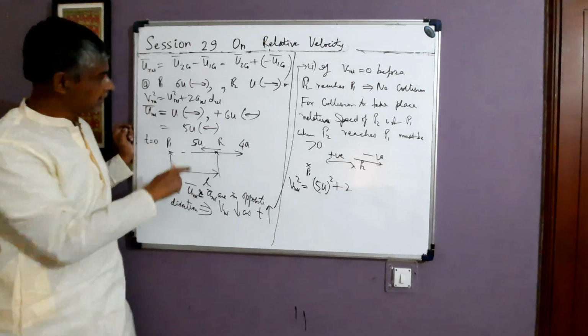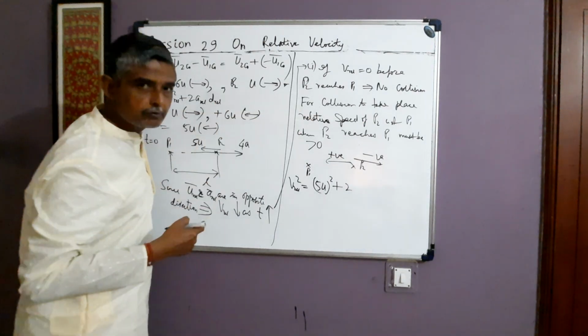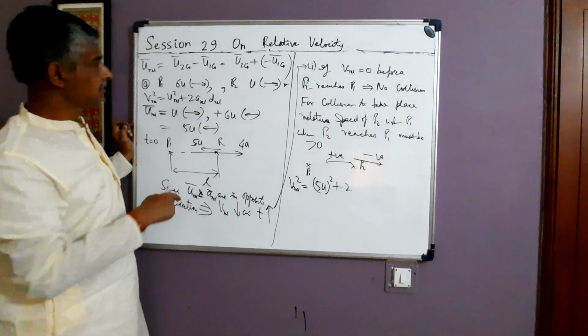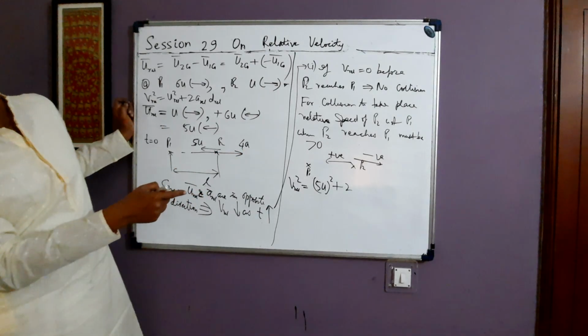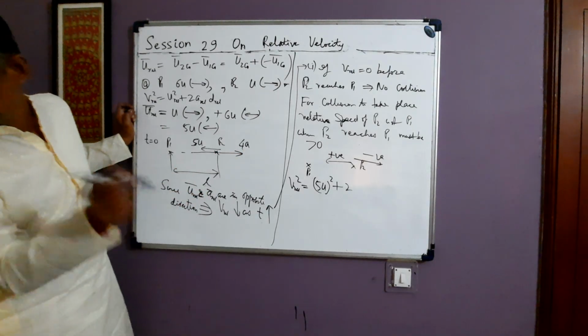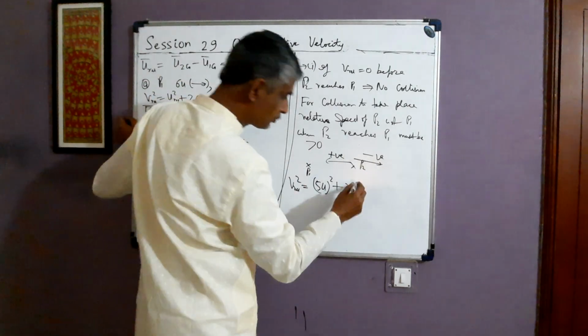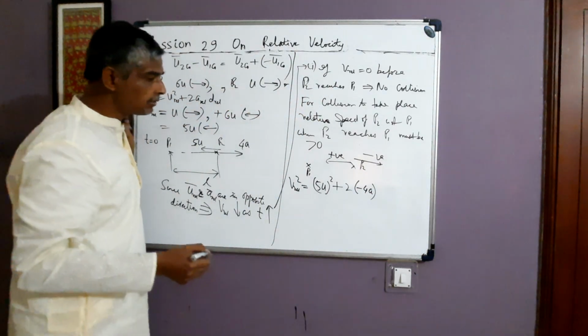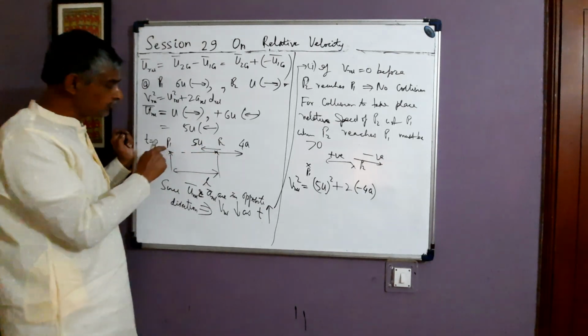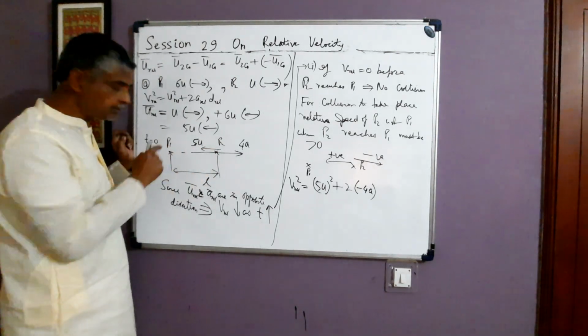A relative, the acceleration of P2 with respect to P1 in the ground frame, is known to be 4a rightward, so minus 4a according to the sign convention. And d relative is the relative displacement of P2 with respect to P1 when P2 reaches P1.